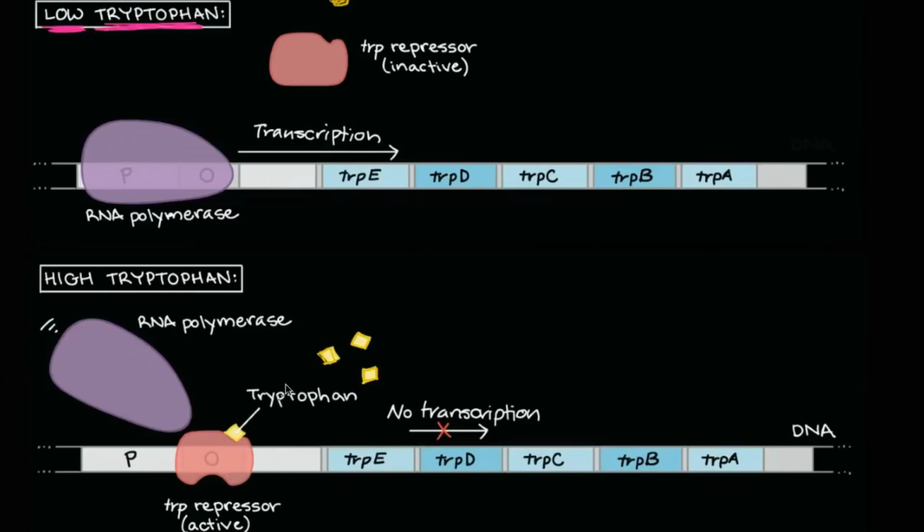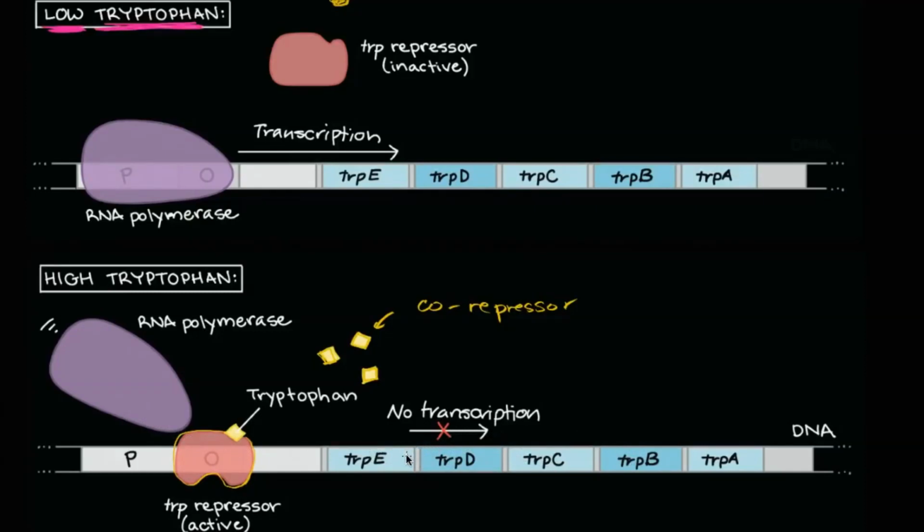They're fascinating. But when you have a lot of tryptophan, the tryptophan can act as a co-repressor. It can bind to the TRP repressor, essentially activate it so that it'll change its conformation so that it can then attach to the operator in the operon. And once it's attached to the operator, well, then the RNA polymerase can no longer move forward with transcription.